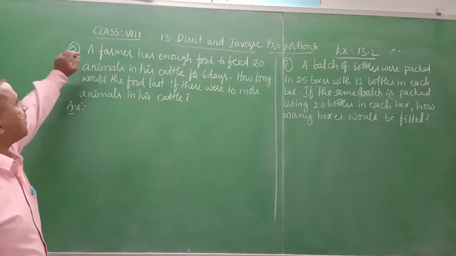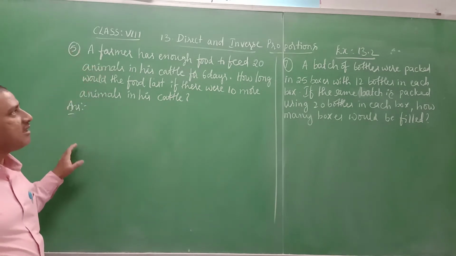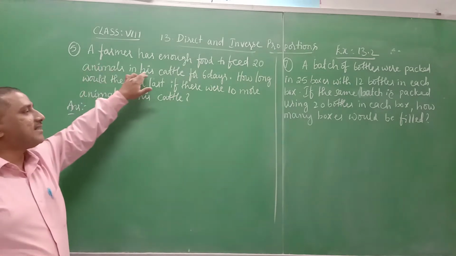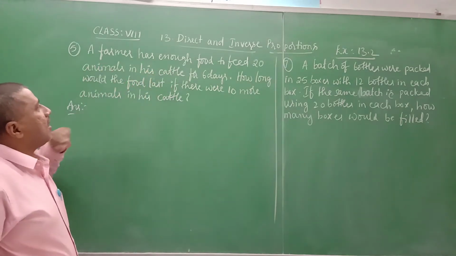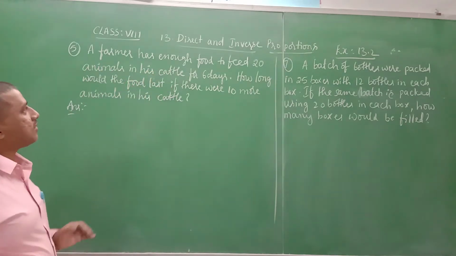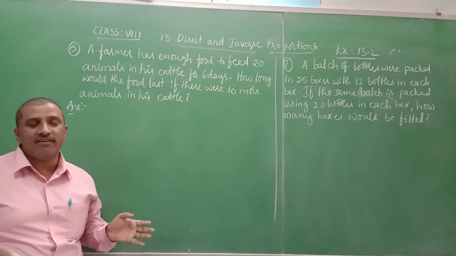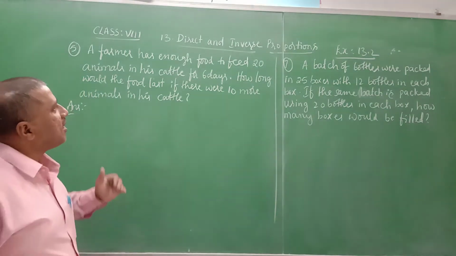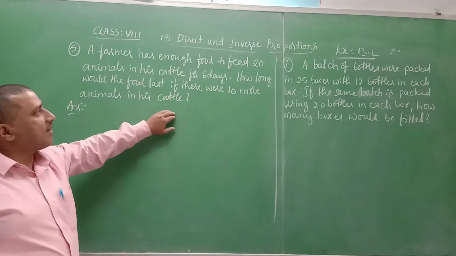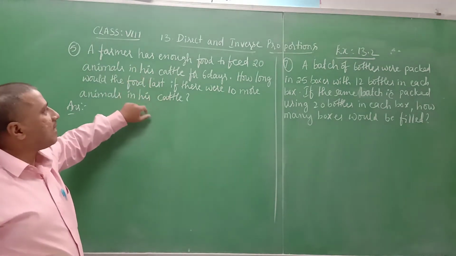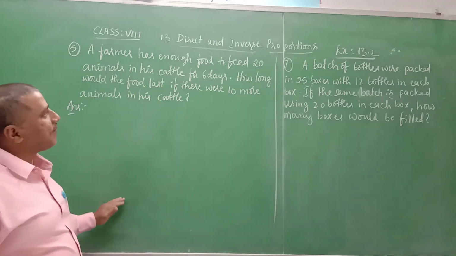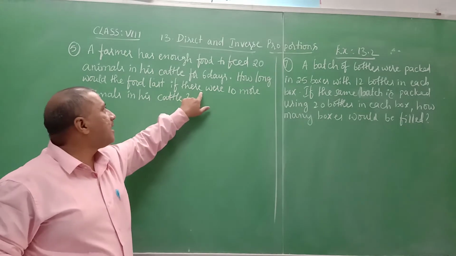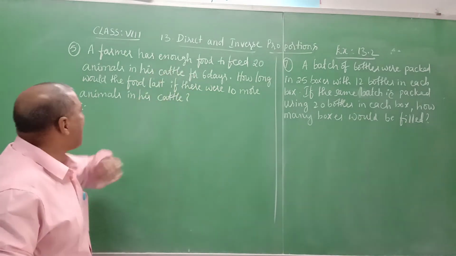Now, fifth bit. A farmer has enough food to feed 20 animals in his cattle for 6 days. So a farmer is there, he has animals and food for them. If 20 animals are there and the food is sufficient for only 6 days, how long would the food last if there were 10 more animals?